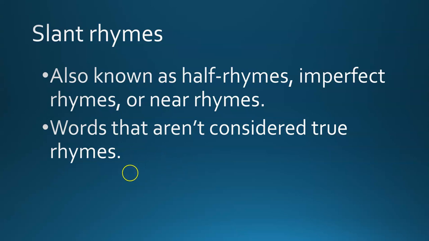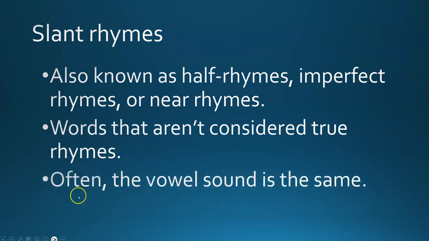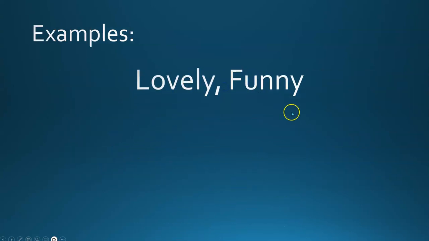So arc, dark, park. Okay, so the vowel sound and the consonant sound are the same. Now, for slant rhymes, generally the vowel sound can be the same, but the last consonant sound doesn't have to be the same. So let's look at some examples.